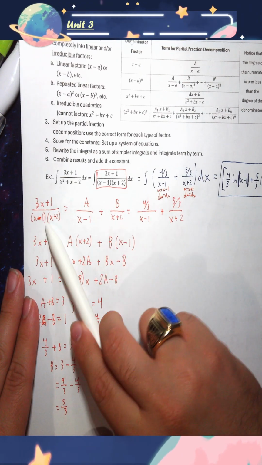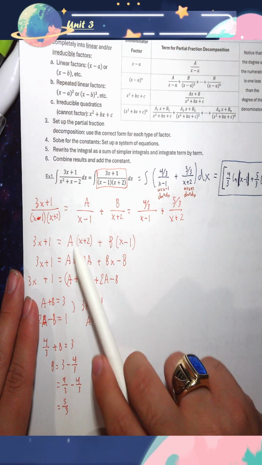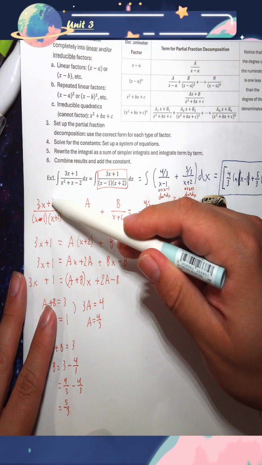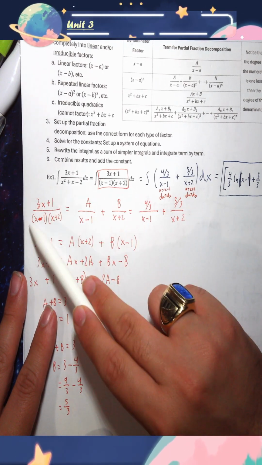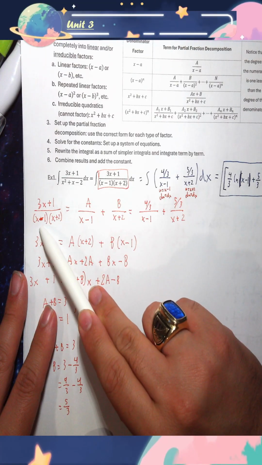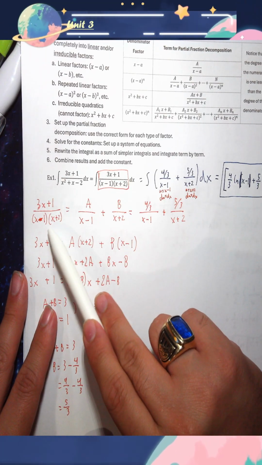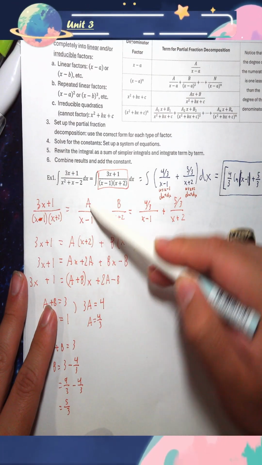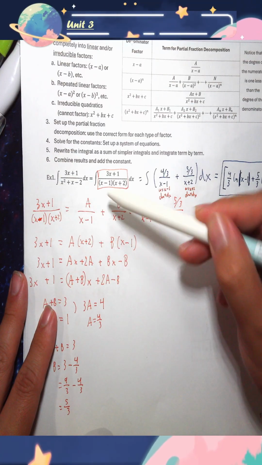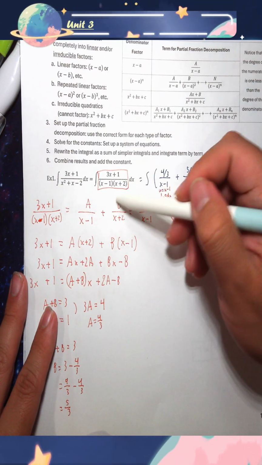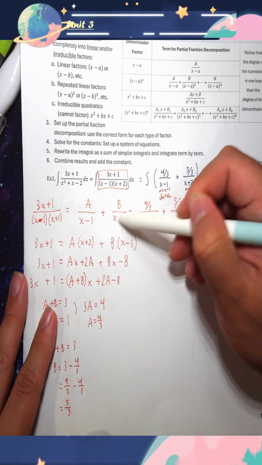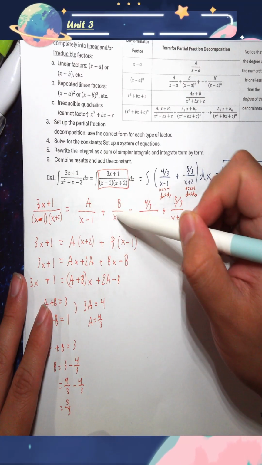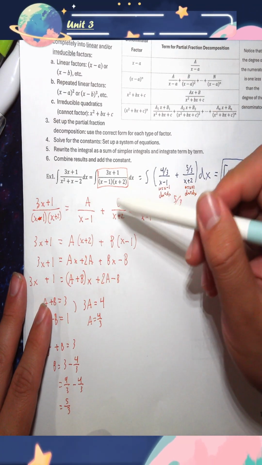This tells us that this fraction here, 3x plus 1 over (x minus 1)(x plus 2), can be written as A over x minus 1 plus B over x plus 2. But how do you get these terms specifically? How do we figure out how you get A and B?